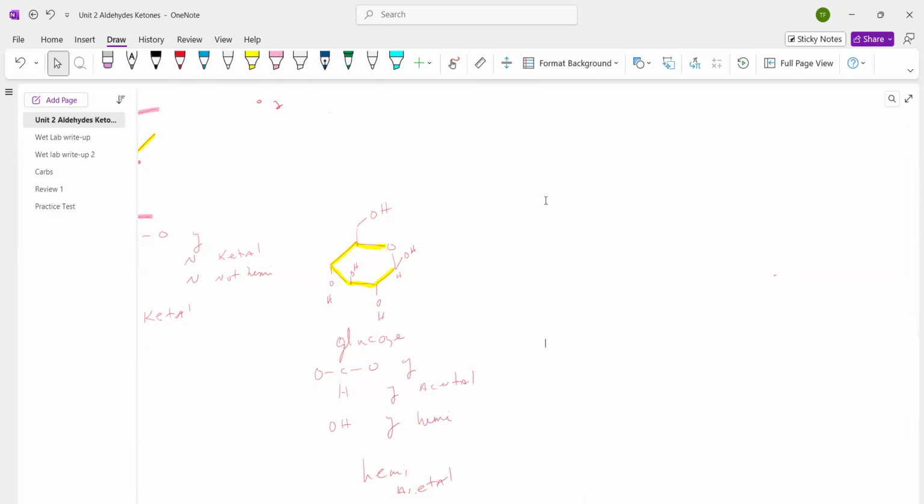So this being a hemiacetal can open up to the aldehyde.